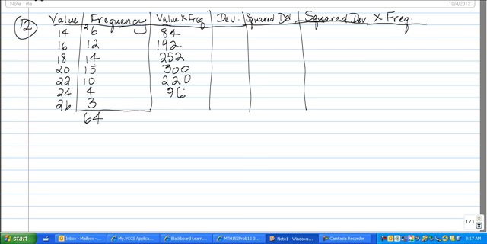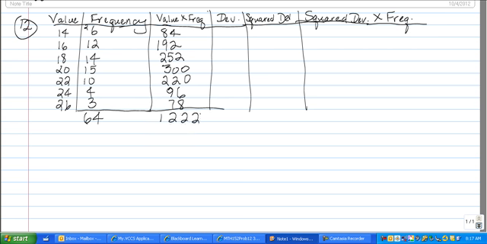And 26 times 3 we have 78. So I'm going to add that column up. 84 plus 192 plus 252 plus 300 plus 220 plus 96 plus 78. And I'm getting 1222.